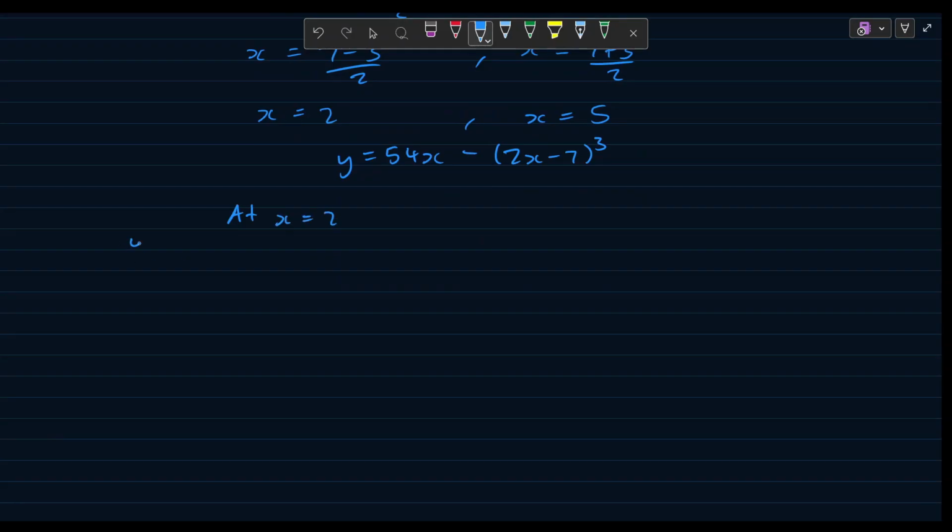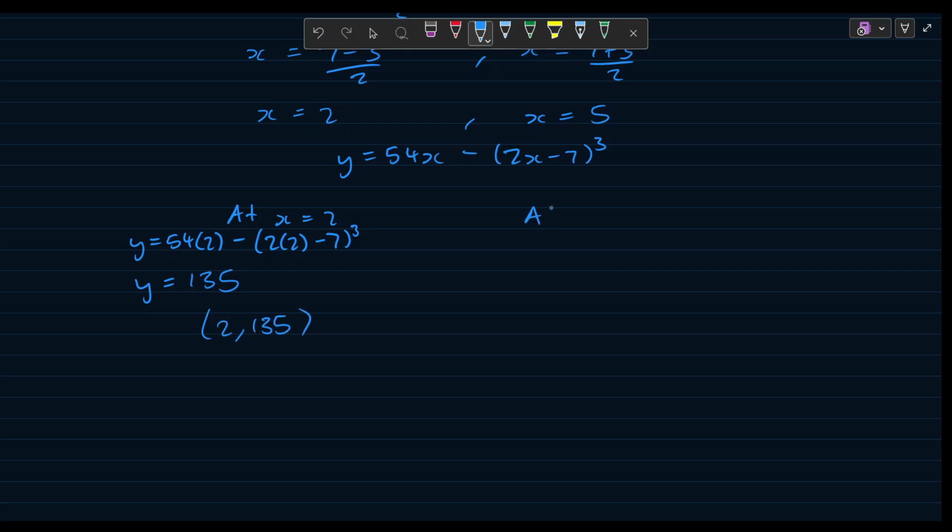That's y is equal to 54 multiplied by 2 minus (2 times 2 minus 7) cubed. Let's punch this into the calculator, and that's 135. So the coordinates here are (2, 135).